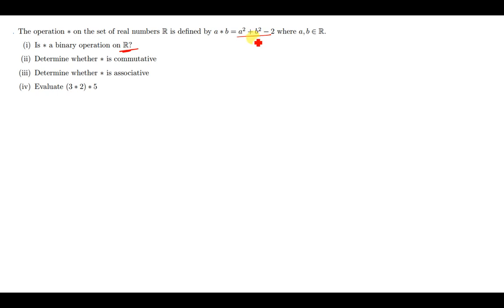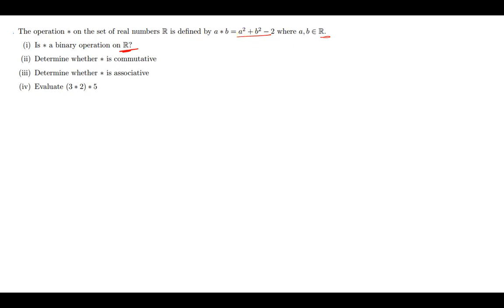We defined real numbers as the set of rational numbers and irrational numbers. So if there is a way you can put any two real numbers, A and B, and get anything that is not a real number.